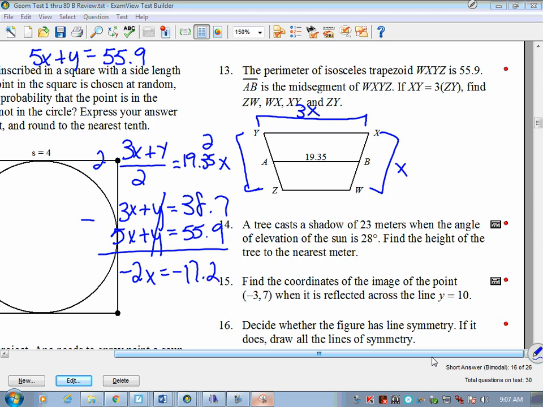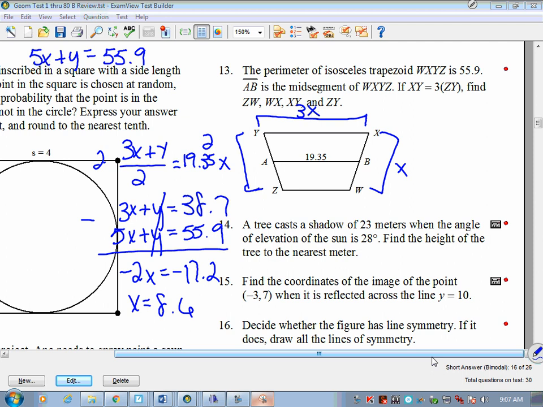What would I do from there? Well, I want to solve for x, correct? Okay, divide by negative 2. What is x? 8.6. Okay, now that's going to give me a whole list of answers, right?